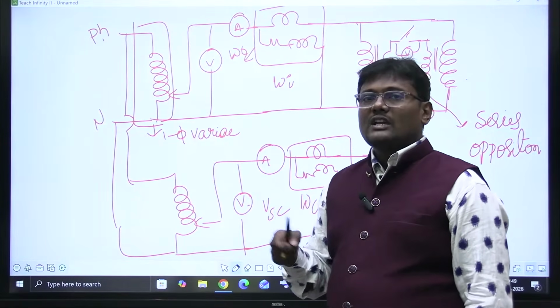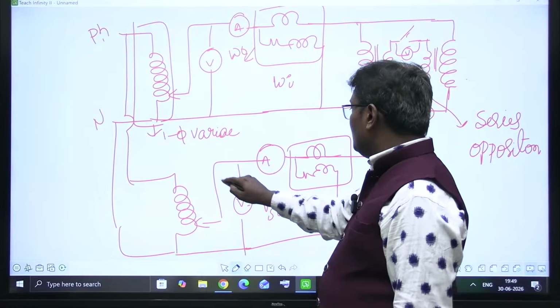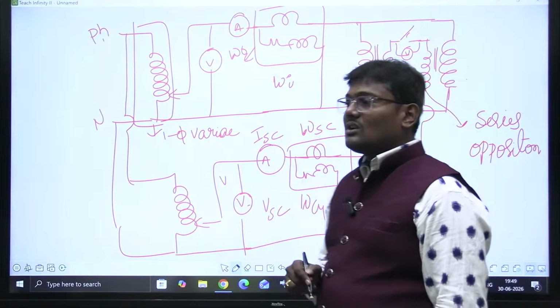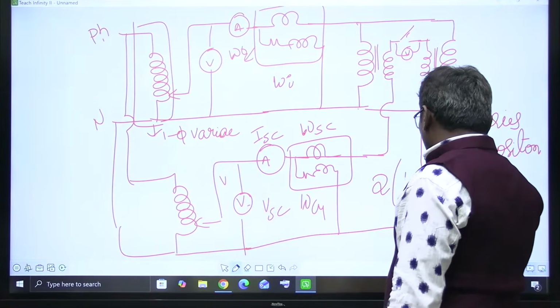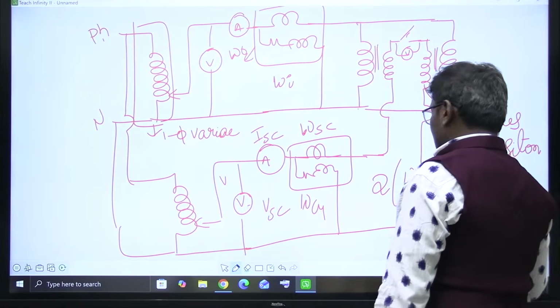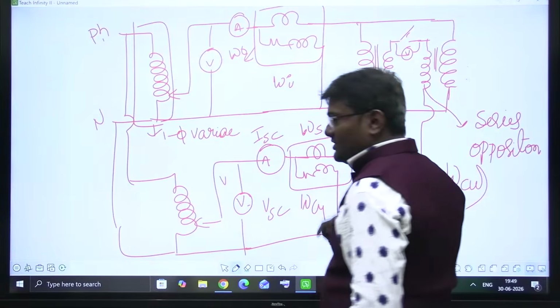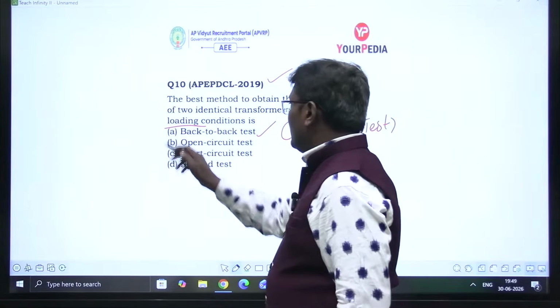You know how to calculate the rated current on the secondary side. This is VSC, ISC, and WSC of two transformers. From this Synchronous test, I get 2 times the iron losses plus copper losses. This test is also called a back-to-back test because of the back-to-back connections. So option A is correct.